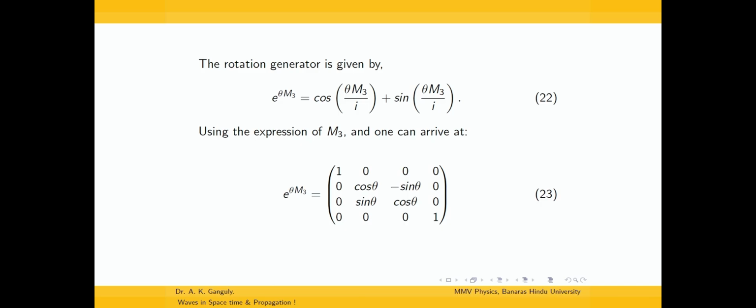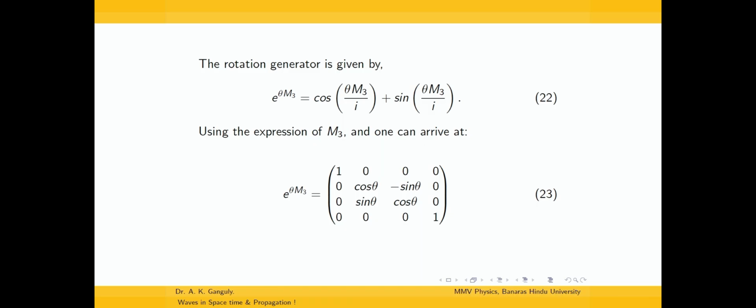There is a factor of i that should have been there in equation 22 before the sine, but we will assume that it is there, and then we will move on with the rest of the derivation and we will correct it in future. So, equation 23 now gives us essentially the rotation matrix about the z axis, when the rotation is taking place on the x y plane.